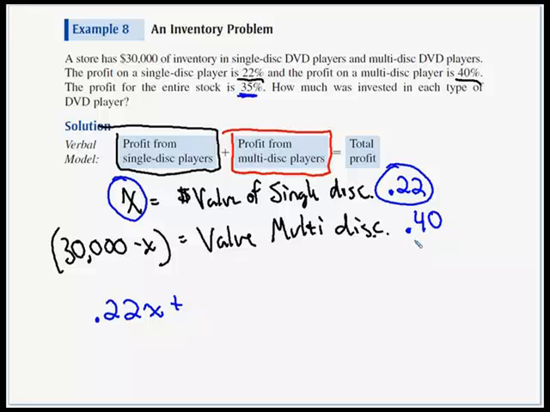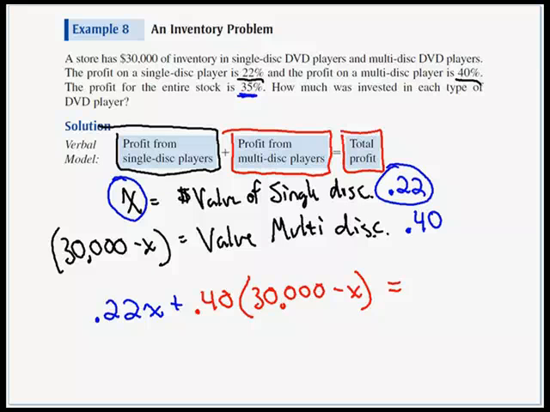Well, they have a profit margin of 40%, 0.40, and the dollar value of those in the warehouse is 30 grand minus X. And now that's going to equal the total profit. What is the total profit? Well, remember we got 30 grand in the warehouse, and the profit for the entire stock is 35%. So that's going to be 30 grand times 35%, 0.35.